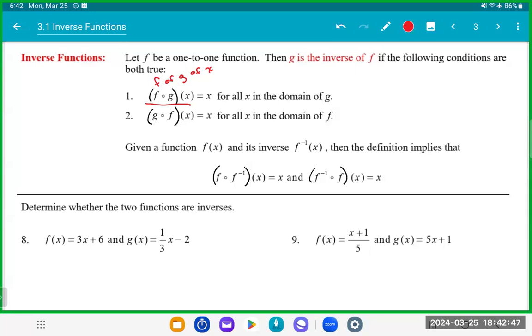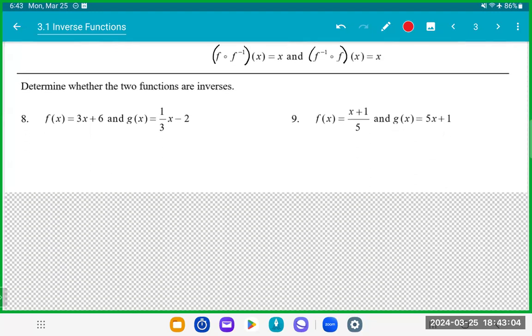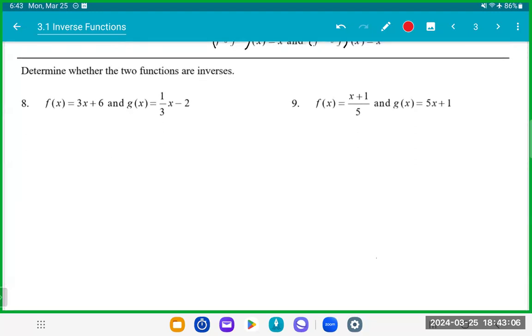And if those two both reduce down to just x, then they are inverses. If they don't simplify down to x, then they are not inverses of one another. Looking at it in an example is probably clearer than reading it off the formulas up there.